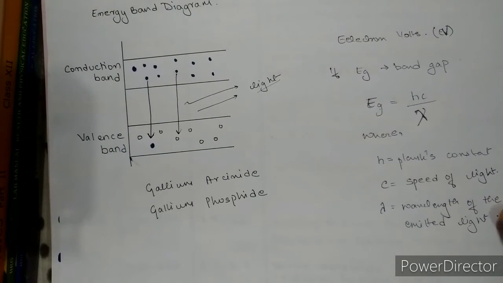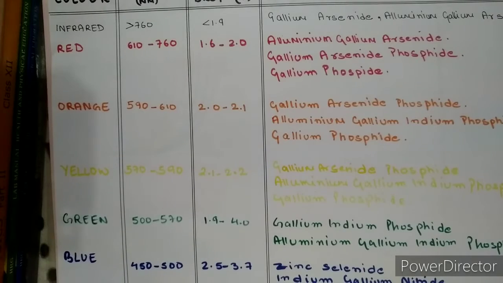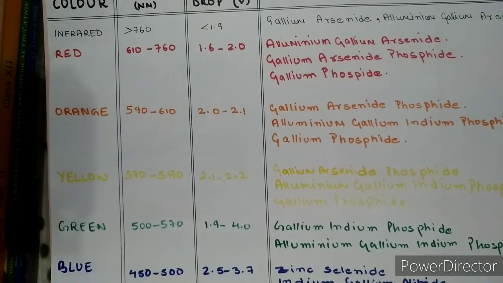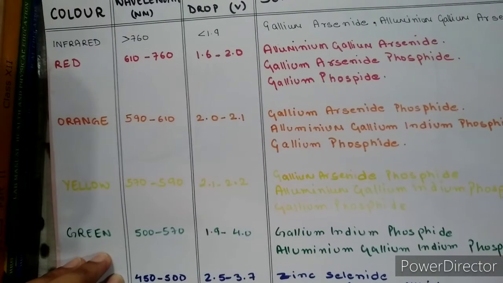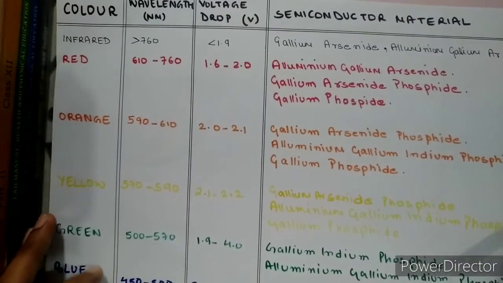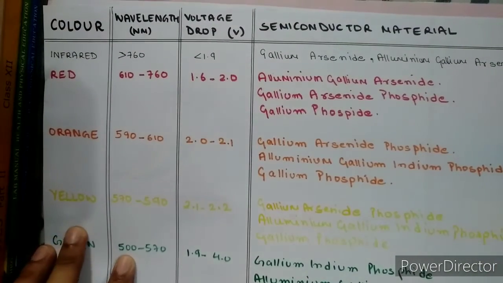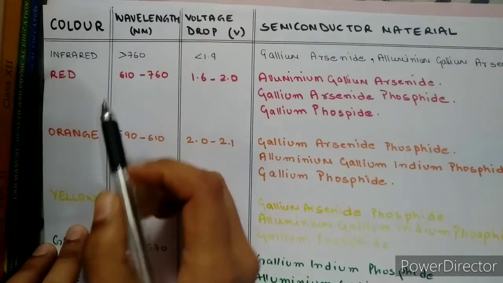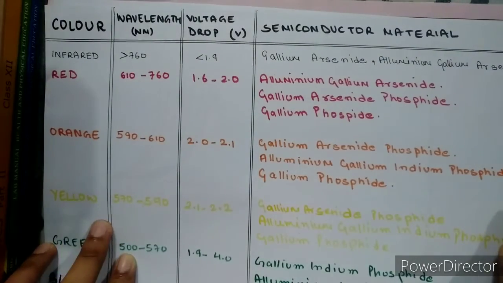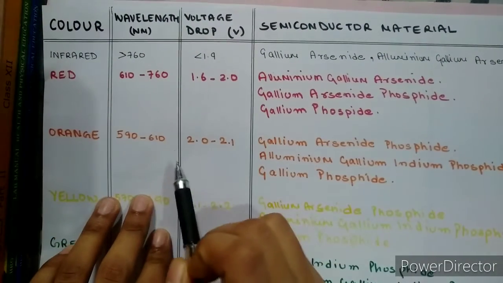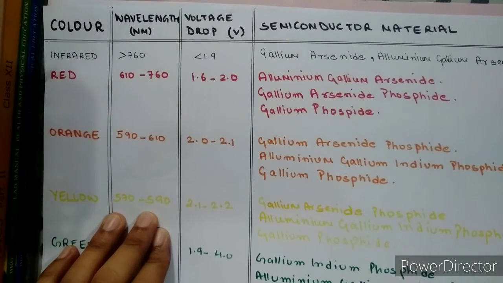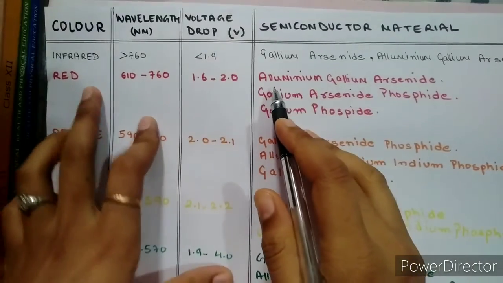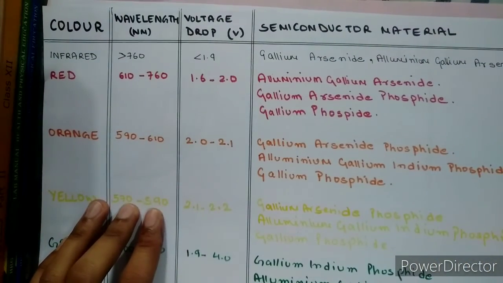So here is the list of different semiconductor compounds which are used to generate different colors of light. As we can see, when the wavelength is less than 760 nanometer and the voltage drop is greater than 1.9 electron volts, then infrared is emitted.